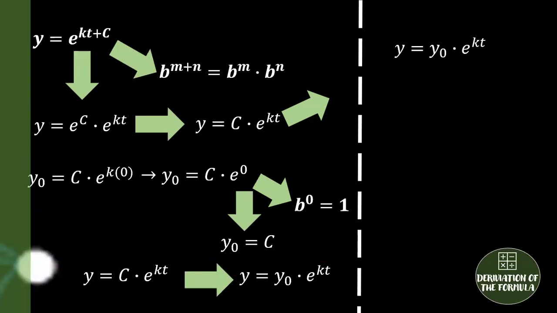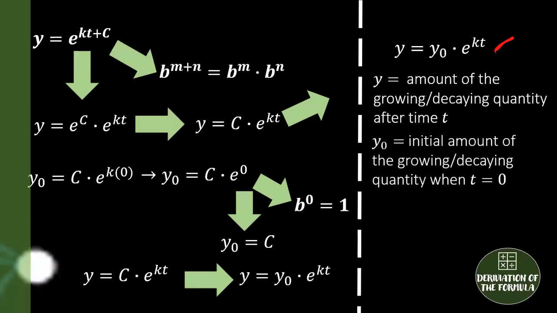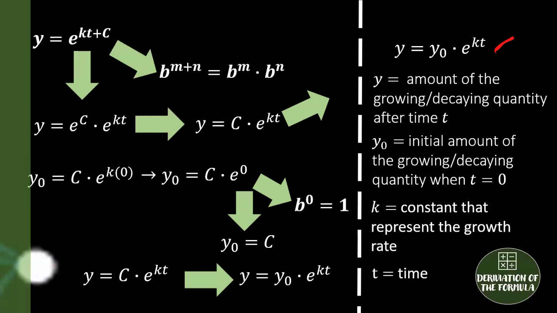Always remember this one, whether it's a decay or a growth. y is the amount of the growing or decaying quantity after time t, while y sub 0 is our initial condition of the quantity when t is equal to 0. k is the constant that represents the growth rate or the decay rate, and t is our time.